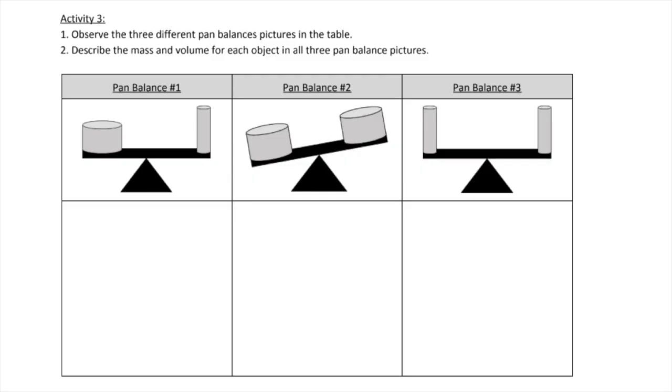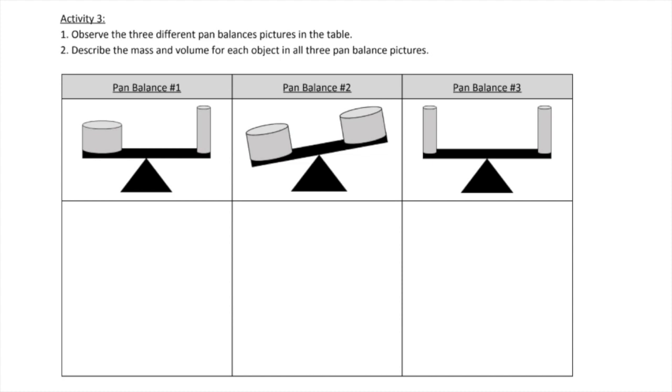In science, we're talking about mass and volume. Volume is the space it takes up, and mass is the matter it contains. So I even have to sing that song at times to remember the difference between mass and volume.